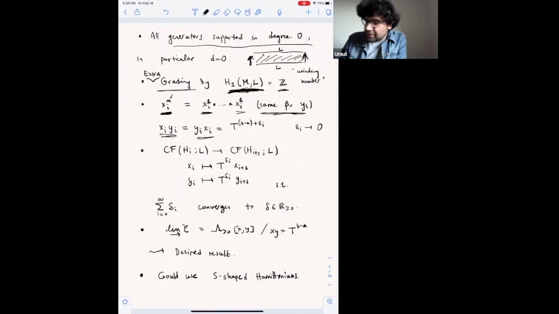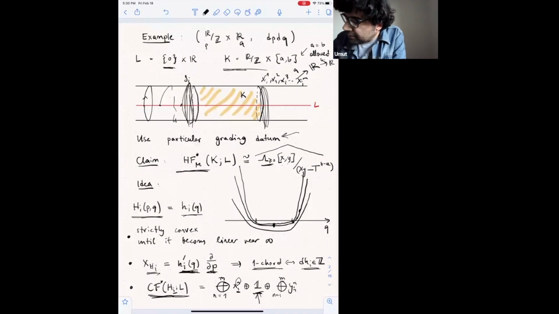And not only do they commute. If you look here, x_1 lives somewhere here, and y_1 lives somewhere here, and there is some solution there. So if you take the product of this with this, there's going to be something, a non-trivial pair of pants product, where you approach in the output this generator 1.